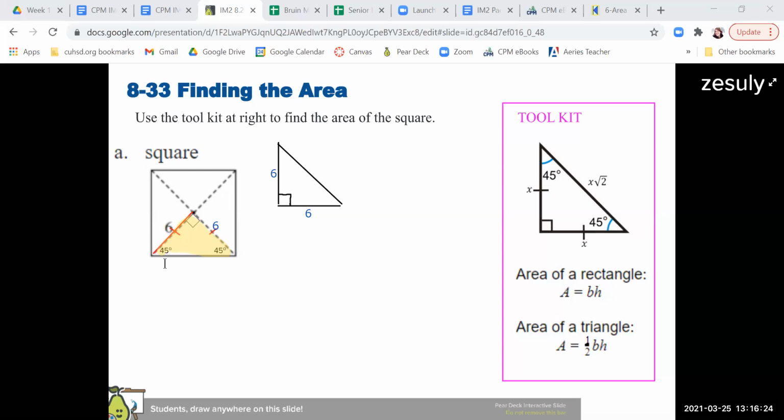You can rotate a triangle and not mess with its area. It stays rigidly the same. So now I'm going to recognize that the base of this triangle is 6 units long, and that the height of this triangle is 6 units long. And once I know the base and the height, all that's left to do to find the area of that triangle is to use the area of the triangle formula.